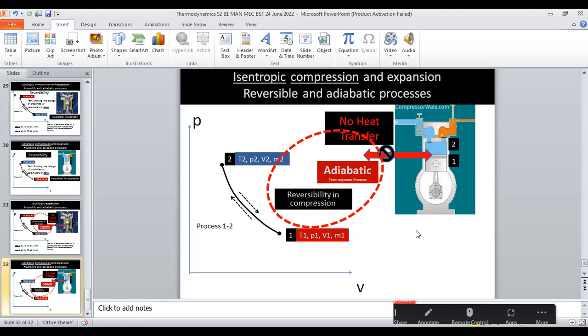Even heat transfer also affects the reversibility. So no heat transfer is adiabatic, and we use the word reversibility again. So reversible and adiabatic. Okay.